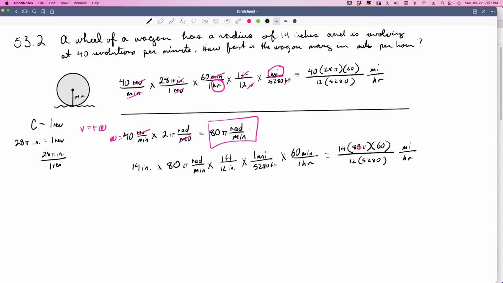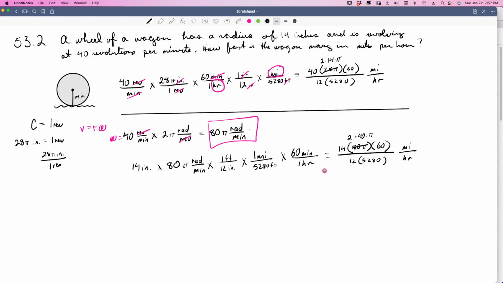So I have 40 multiplied by 2. If you break it apart, this is still 14 times 2 times 40 times pi. And this is 40 times 2 times 14 times pi. The factors are still all there. It's just how they're grouped.